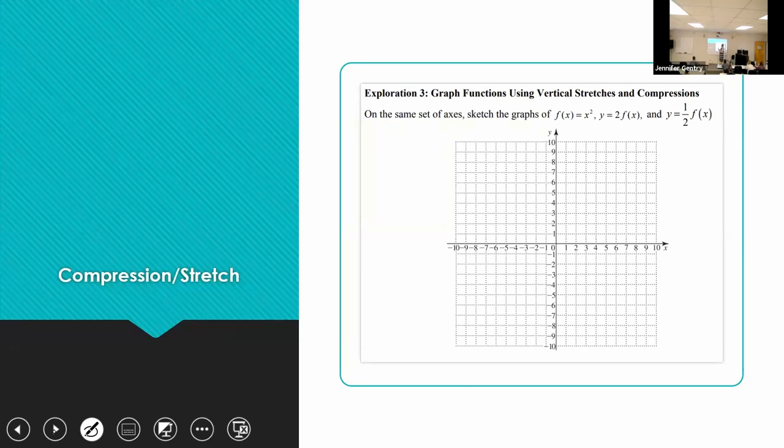Let's do an example. We're going to do compression and stretching. Compression, make it smaller, right? I had to think, I almost said bigger. Stretch, make it bigger. Y equals x squared.